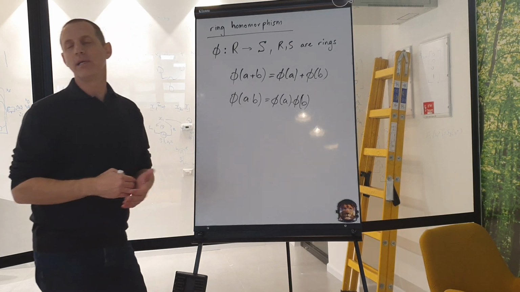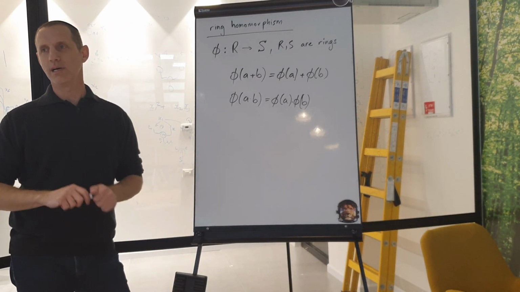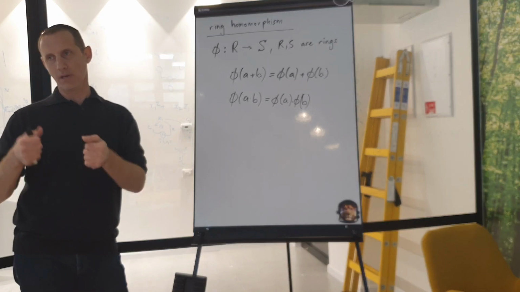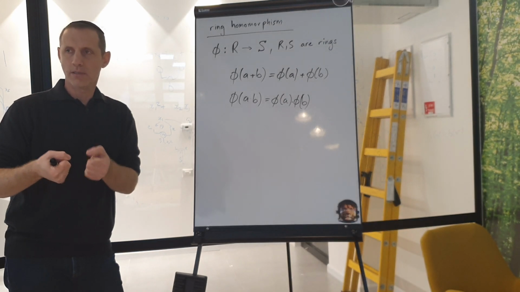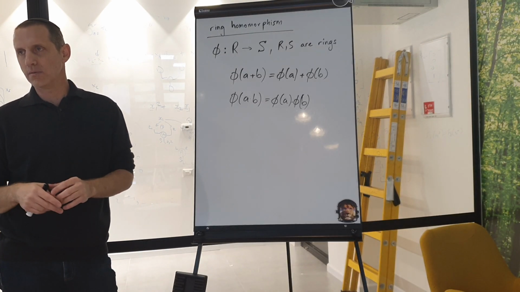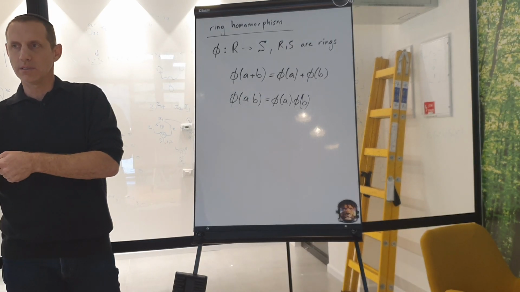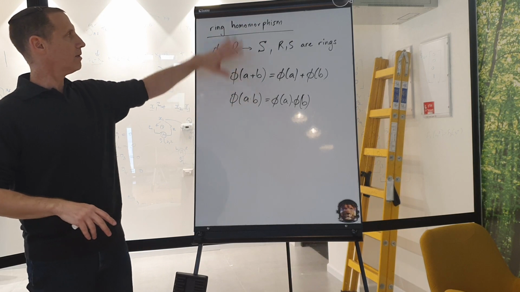So it doesn't matter what it is, it's an identity. An identity is defined as something, the identity for multiplication. If I multiply something by it, I get the same element that I started with. Like any element times the identity is itself. So that has to be kept. Otherwise, it's not a homomorphism.